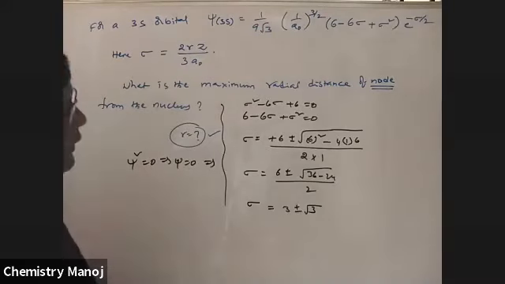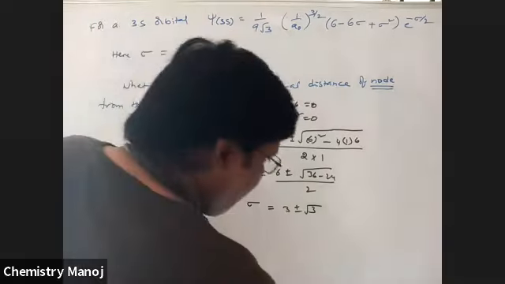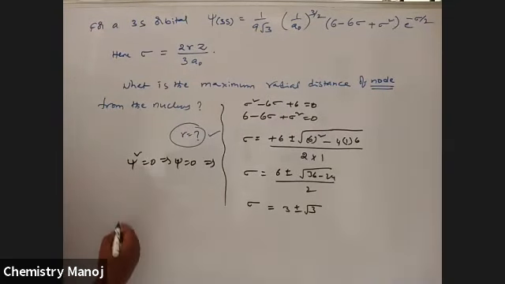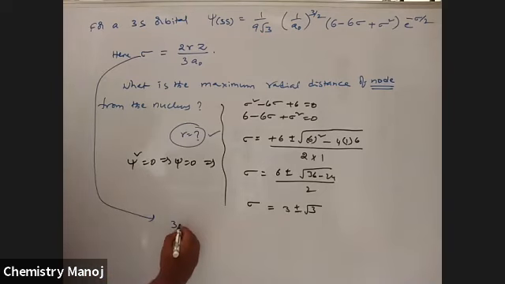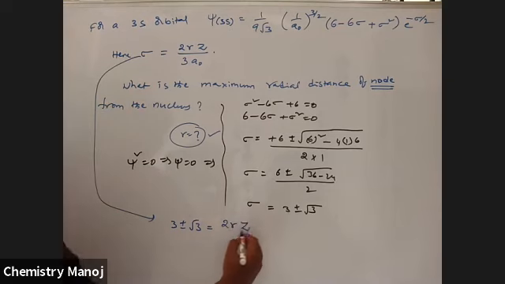The sigma is applied here. Therefore, from this, 3 plus or minus root 3 is equal to 2ZR by 3A0.